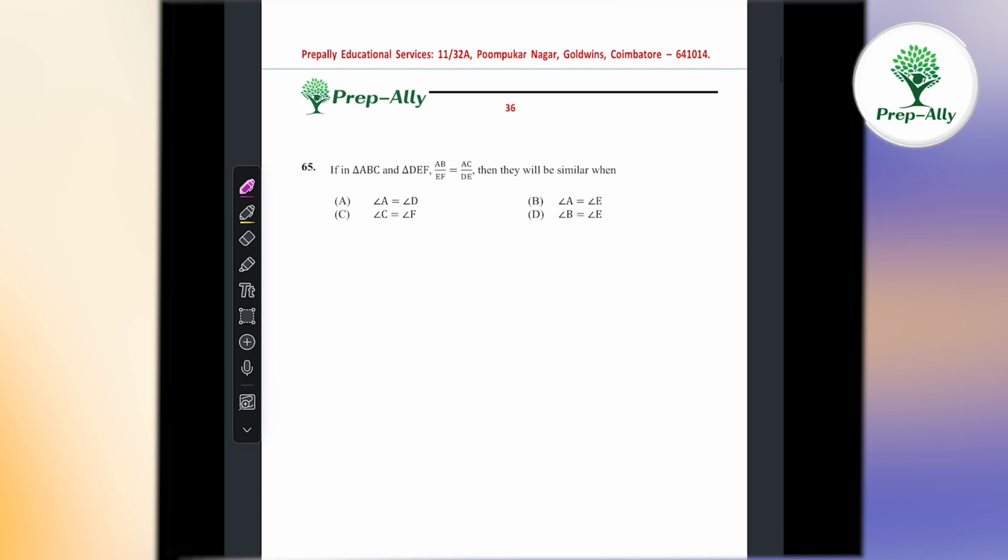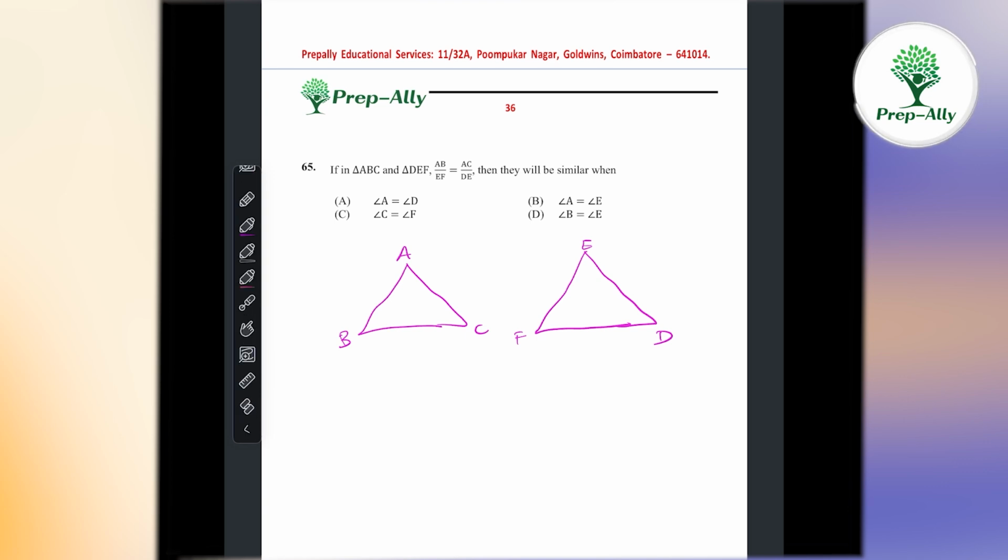In the fifth question, we're asked if in triangle ABC and DEF, AB by EF equals AC by DE.